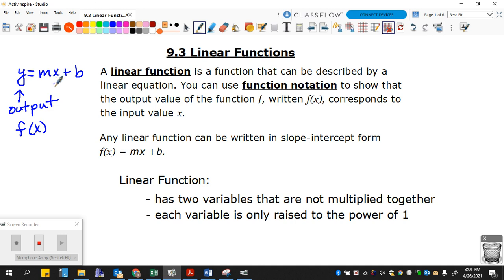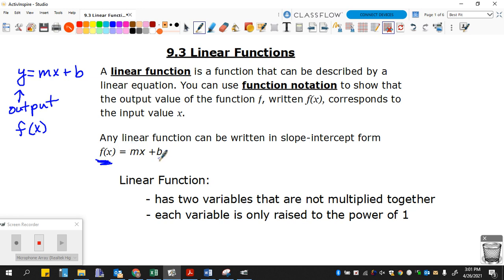If our input is x, what value do we get from that equation for every particular value of x? If it's a linear function, we normally write it as f of x, or a function of x, is equal to mx plus b.